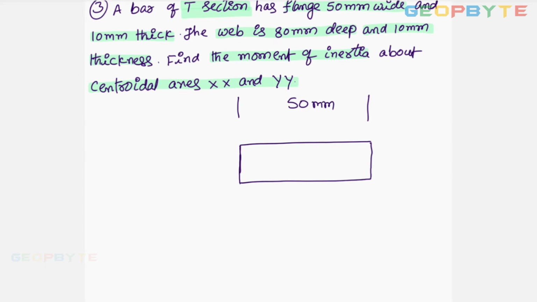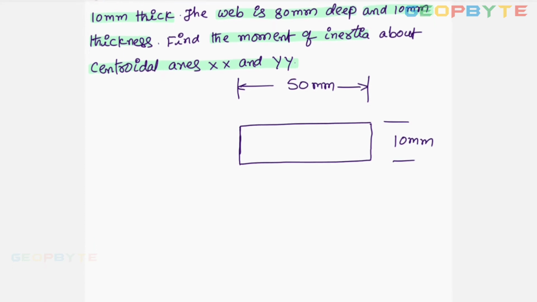Sometimes the problem may not be given with a diagram. Diagram needs to be constructed sometimes. This is the thickness. Thickness is given 10 mm. And the web. Let me construct it clearly.